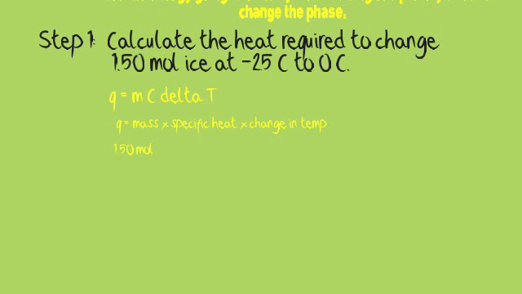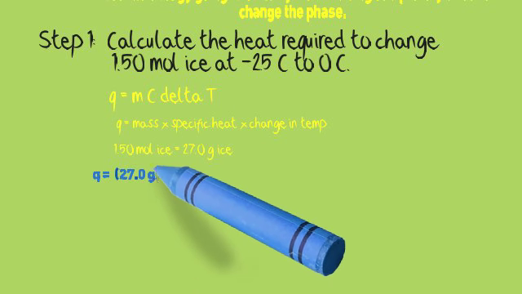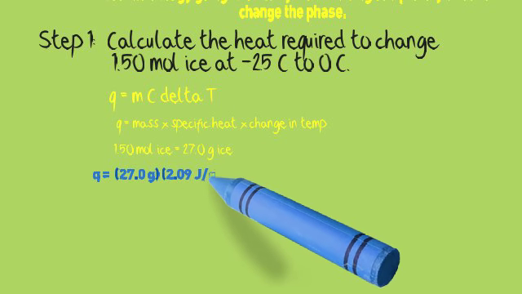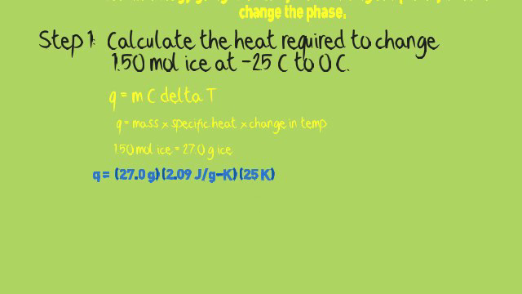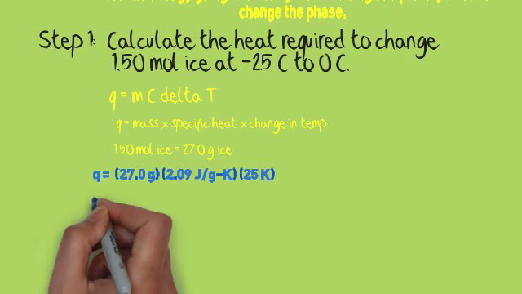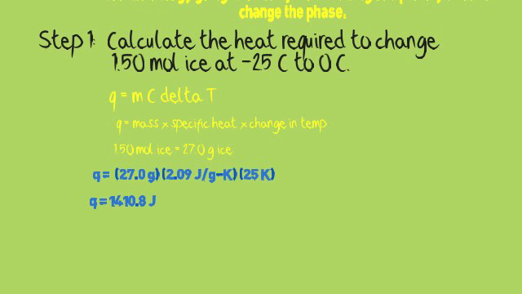In this one, 1.5 moles we can change to 27.0 grams of ice and set up the equation. So Q equals 27 grams times the specific heat of ice times delta T, which was 25 degrees. It's going from negative 25 to 0. And do the math. And Q for the first step is 1410.8 joules.